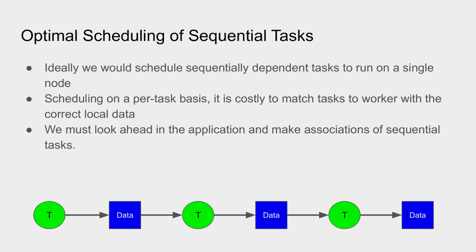Well, there's no parallel opportunity here. Let's say that the tasks have similar hardware requirements. It would be rational to think the best way we could run this series of tasks would be on the same node, such that the intermediate data doesn't leave the worker at all in the sequence.